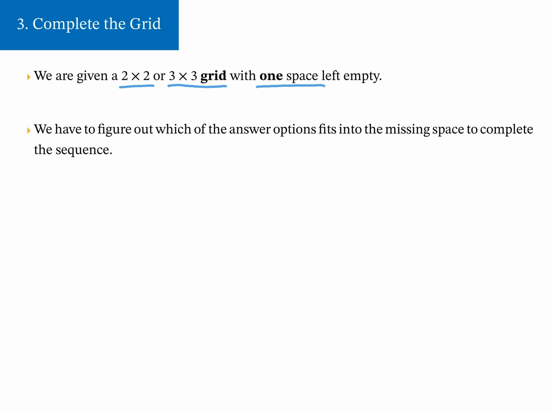And one of the spaces in the grid will be left empty. Once again, what we need to do is to figure out which of our answer options best fits into the grid to complete it in a sensible way. So exactly the same as complete the sequence, we need to figure out what pattern is being created. But this time, we might be seeing patterns going across rows and down columns in a grid.